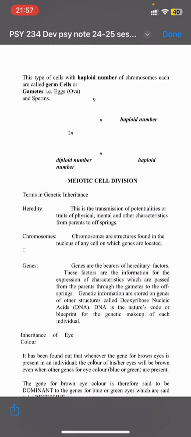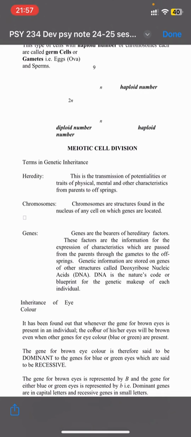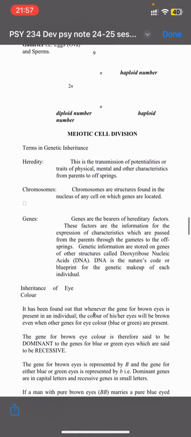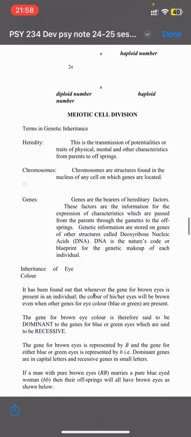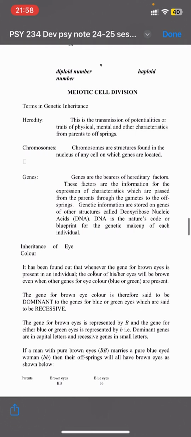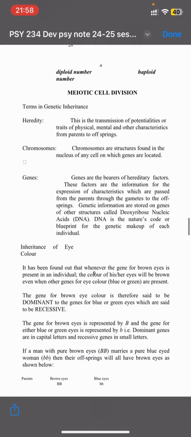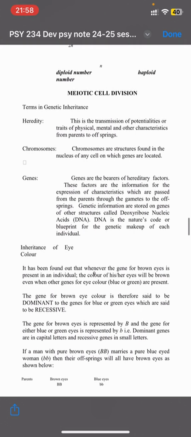That's heredity. Now, chromosomes. Chromosomes are structures found in the nucleus of any cell on which genes are located. Now, genes are the bearers of hereditary factors. These factors are the information for expression of characteristics which are passed from the parent through the gamete to the offspring.